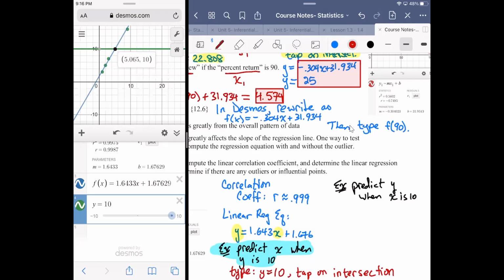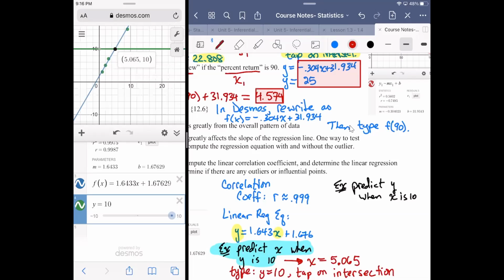The 5.065 is the x value. Ordered pairs are always x comma y. I already knew what the y was. I typed that in myself. So what we get from this is our answer. We now know that x is equal to 5.065. I don't know what this data is referencing, but let's say, for example, it was talking about height and weight, where x is height and y is weight.